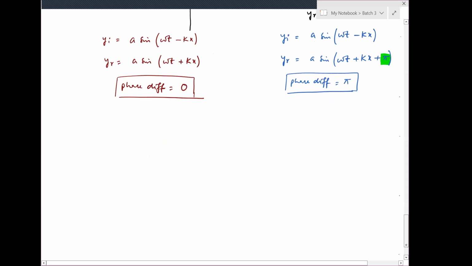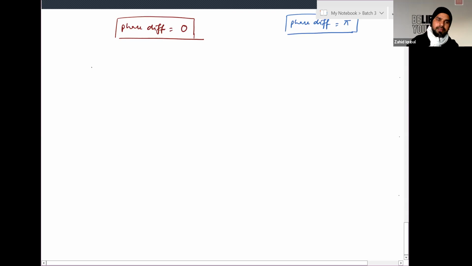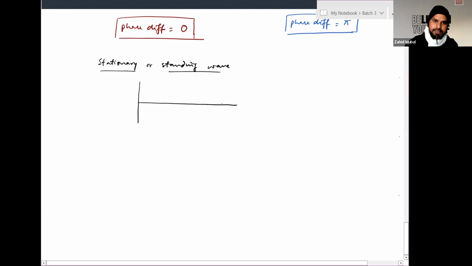Now, using this concept, let me define the concept of a standing or stationary wave. A string is connected to a fixed support at this point, and a wave is created along this way.